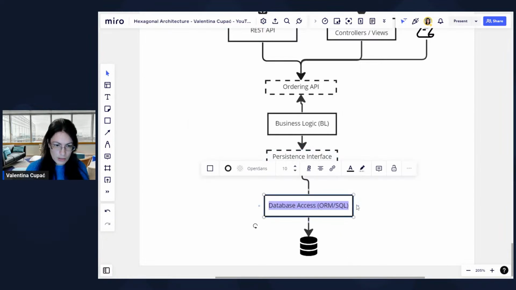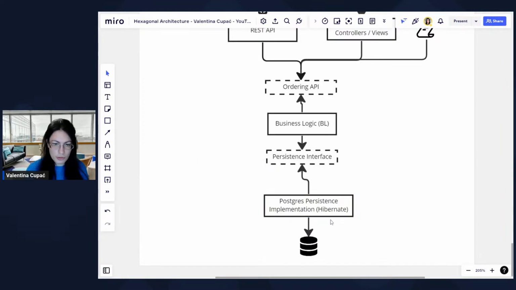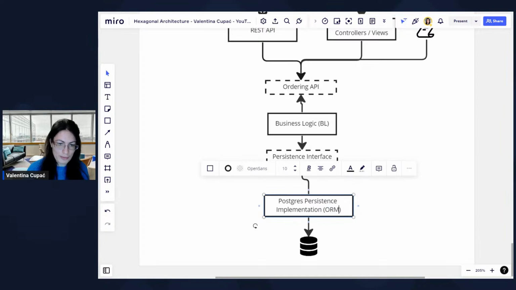So maybe we have one kind of database, which is, let's say, Postgres. So we have a Postgres persistence implementation, and maybe it's using Hibernate or whatever. I'll just put ORM.